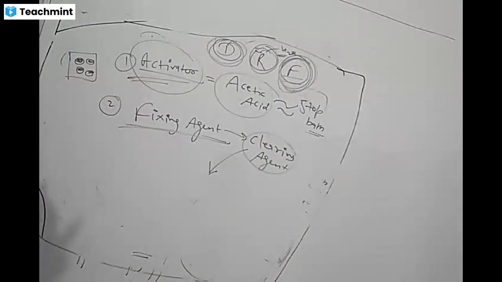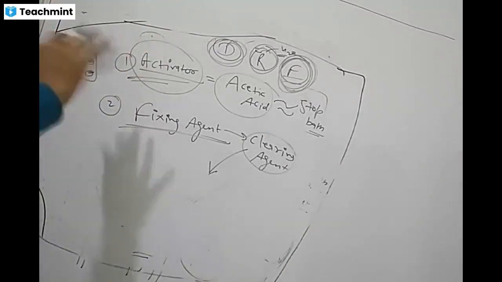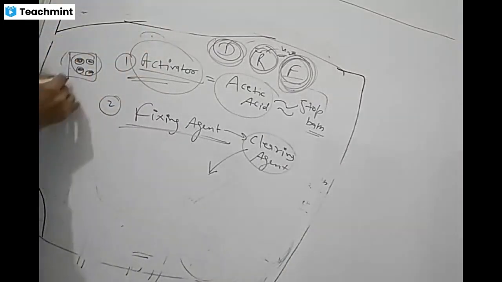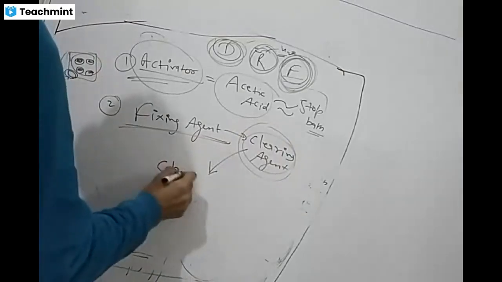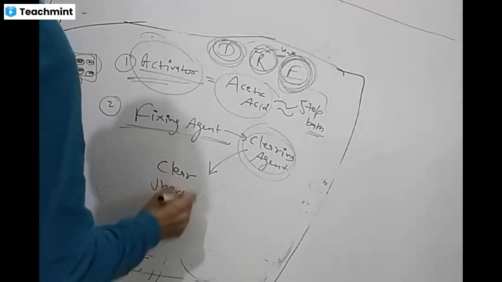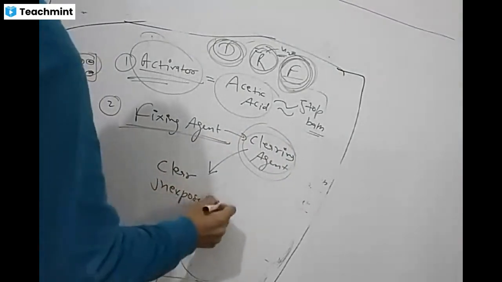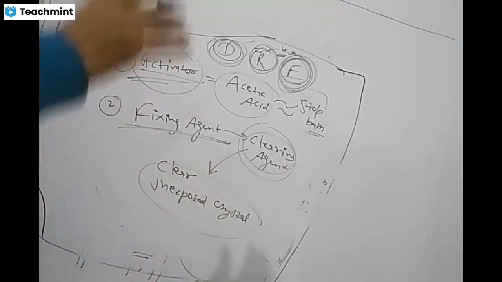Why is it called clearing agent? Because in the film, the role of the developer is over once it reduces these four. The fifth one was unexposed. So this clearing agent, the fixing agent, will clear the fifth one, that is the unexposed crystal. It will clear the unexposed crystal from the film.